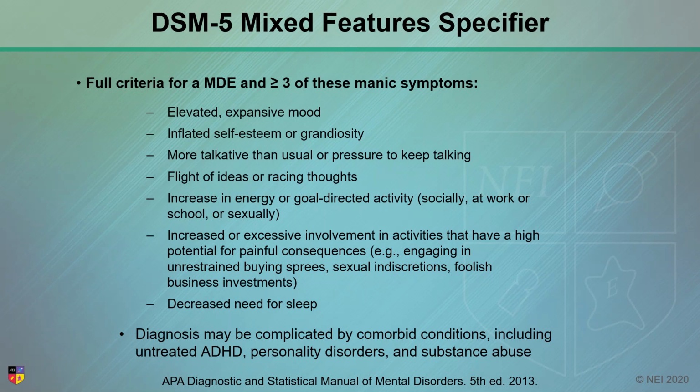A core part of bipolar disorder is difficulty concentrating. So there's your ADHD. Your personality disorders: difficulty in interpersonal relationships. Substance abuse: that risky behavior. So you get to the point where you're layering on these comorbidities that could have been explained by that number one diagnosis.